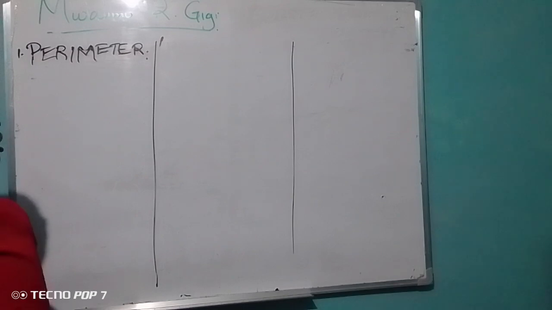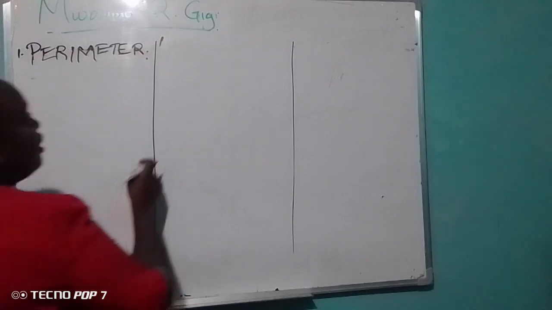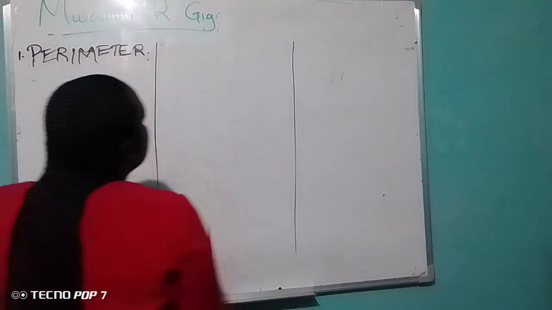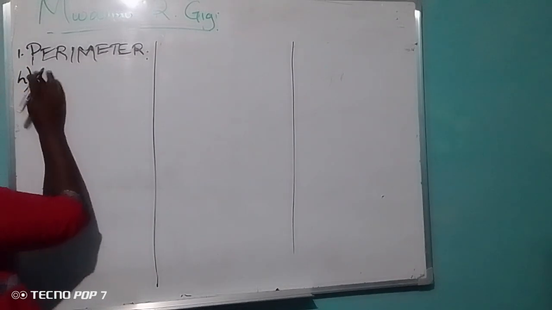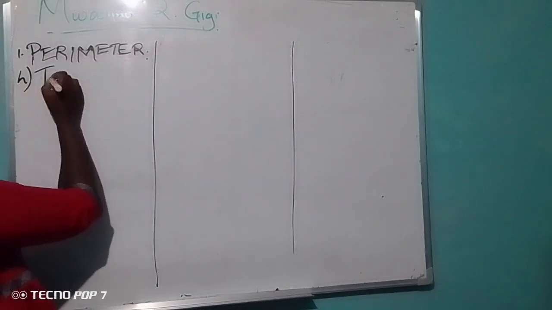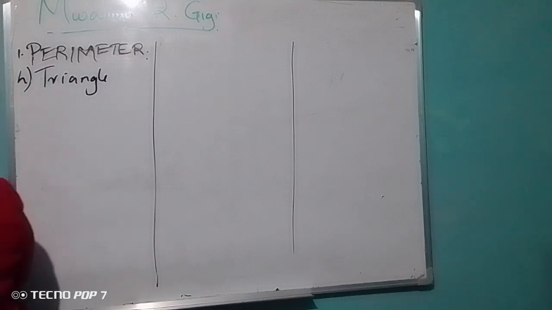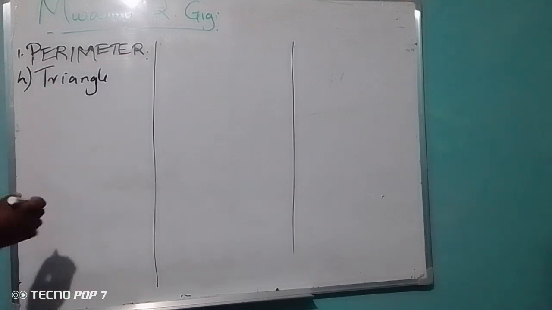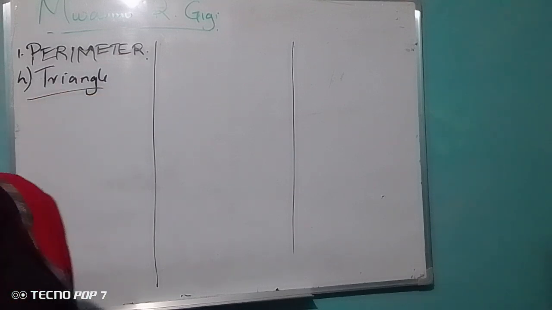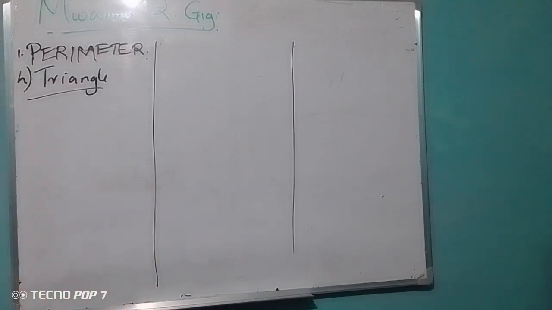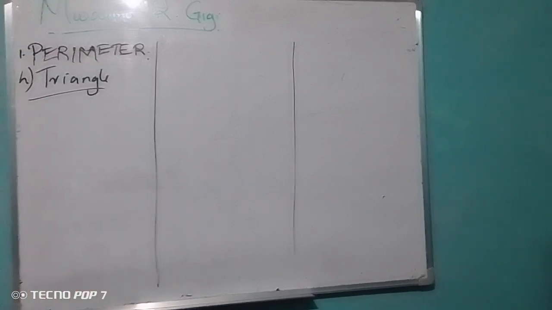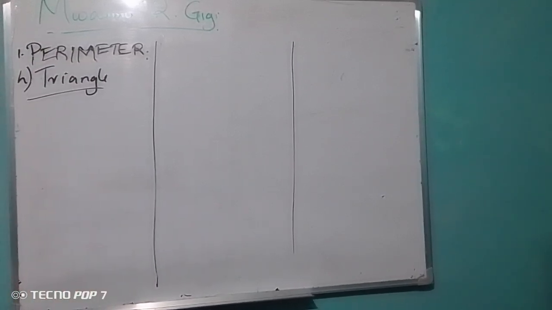Tumefika. Ellipse ilikuwa GMH. H ni triangle. Ya mwisho triangle. Triangle.